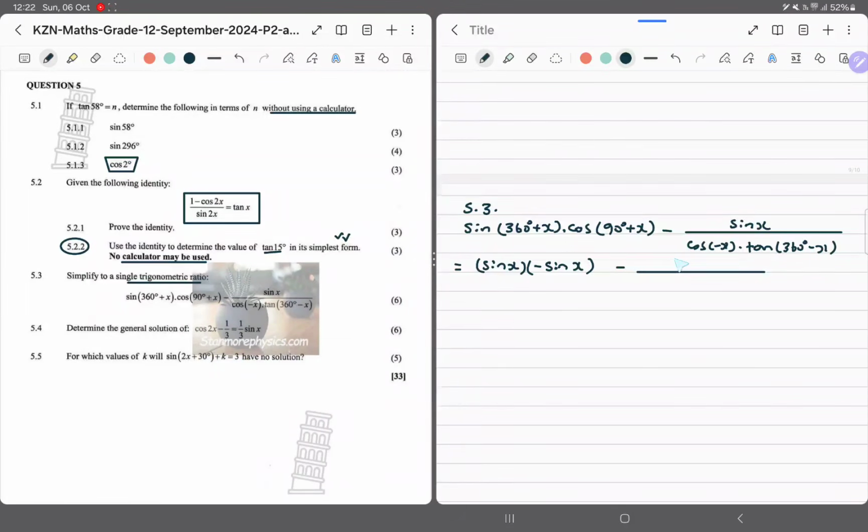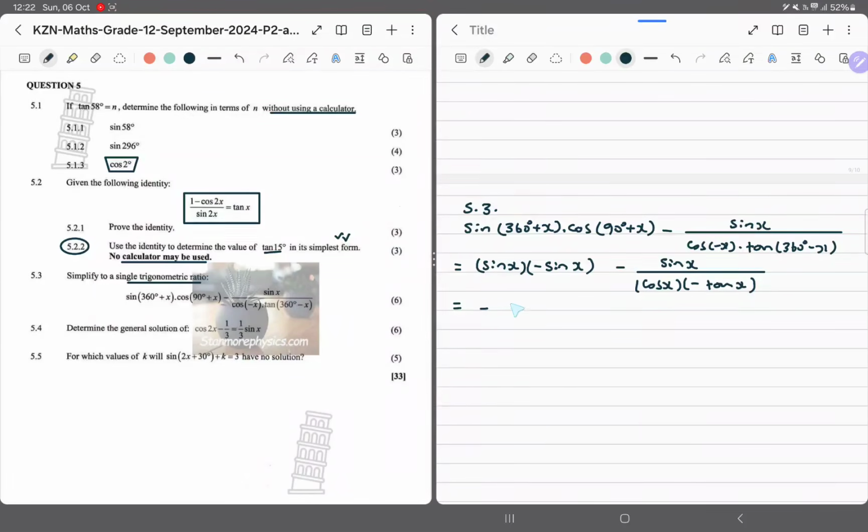Minus, this one is sine x over cos of a negative angle, which is just cos x, multiplied by tan of 360 minus x. This is going to be minus tan x, right? Right, be systematic, don't be in a hurry.